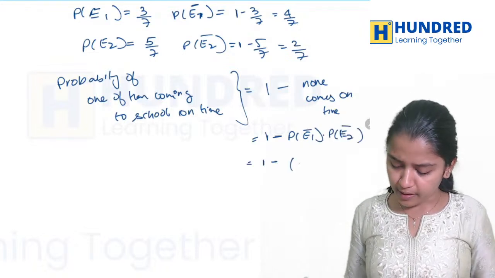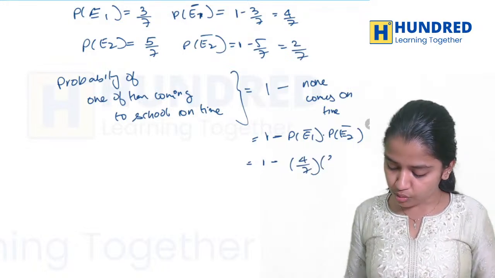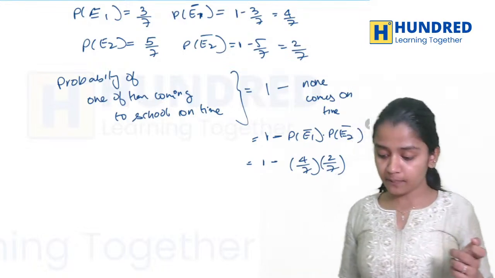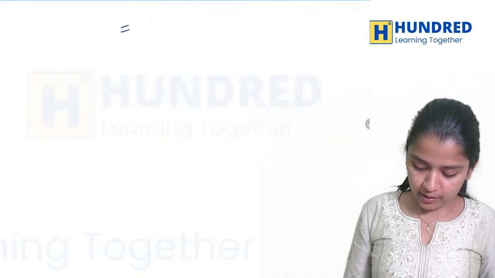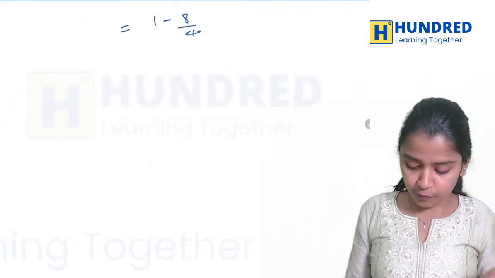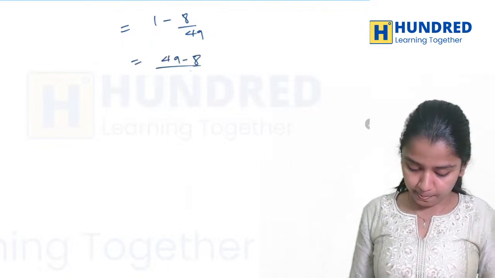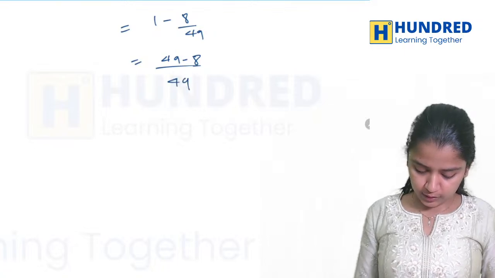So 1 minus 4/7 into 2/7, which is 1 minus 8/49, so 49 minus 8 by 49.